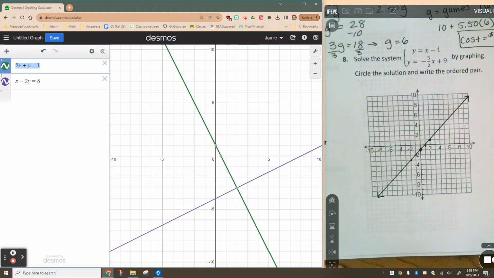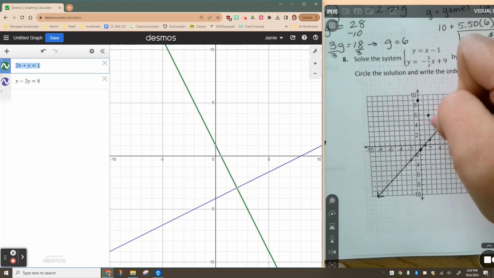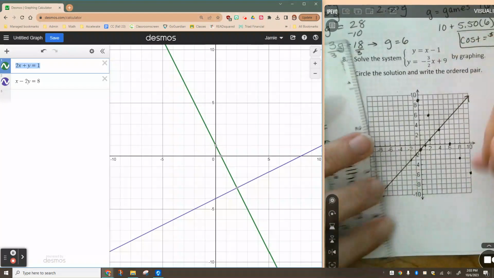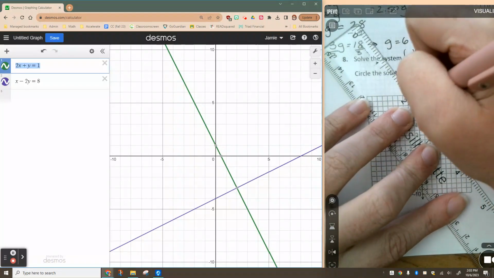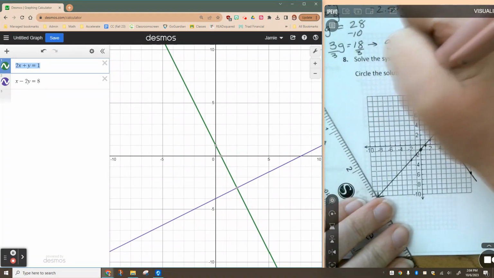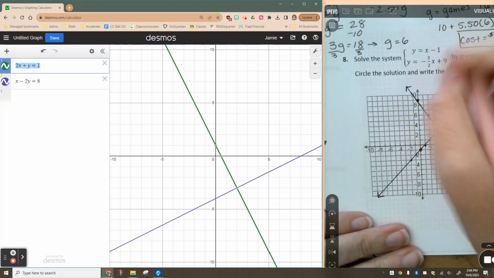And then for part B, my y-intercept is at 9. My slope is -3/2, sorry, or 3/2. So I'm going down 3 and right 2. And there we go. I'm going to draw my lines. I'm going to verify it with Desmos. And my point of intersection looks to be 4, 3.